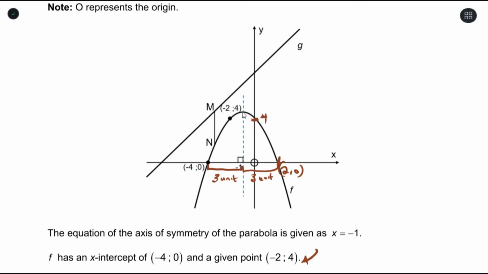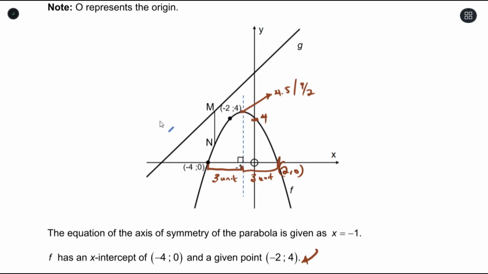Now, the turning point, that's this point over here, is 4.5, or in this case, 9/2. That's the y coordinate of your turning point. So which x values fall within that range?